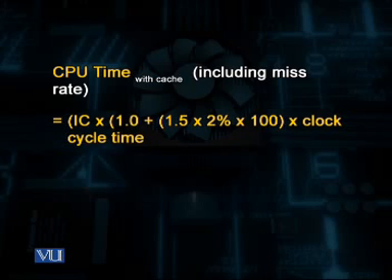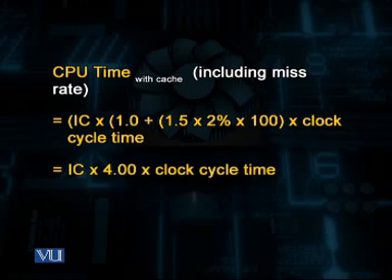So this whole again gives us the instruction count multiplied by 4 clock cycle time. This shows that the CPU time with cache increases 4 times as compared to the CPU time without cache.